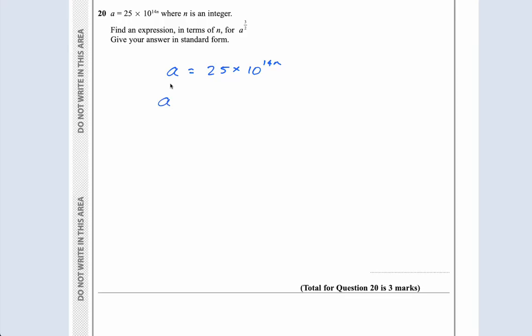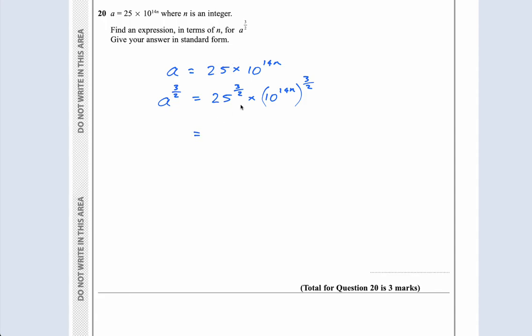So a to the power of 3 over 2 equals all of this to the power of 3 over 2, but I can do it like this. I can do 25 to the power of 3 over 2 times 10 to the 14n to the power of 3 over 2. So I'm just separating them. This to the power of 3 over 2 times this to the power of 3 over 2.